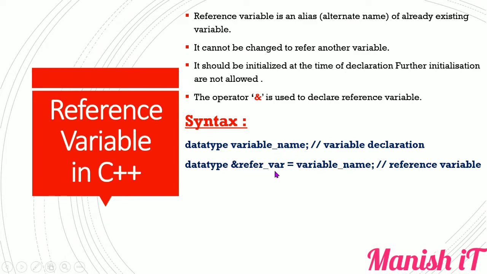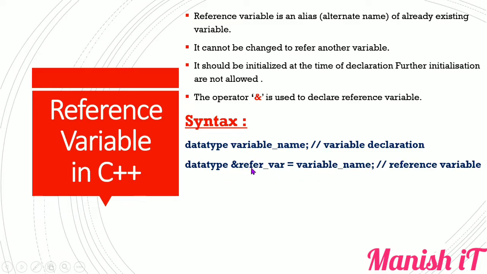Then the variable name, whatever it is, is the user's choice. That's why it is called a user-defined data type. Whatever this variable name is, it is initialized with the variable it refers to. So that is the derived variable, and simply it is called a reference variable.